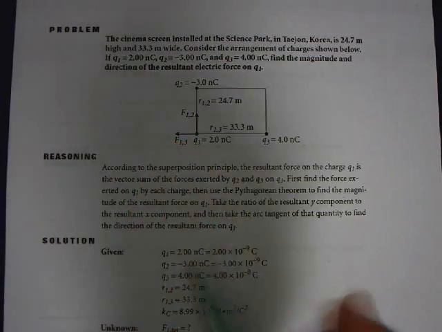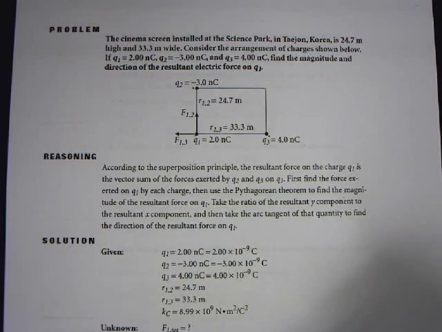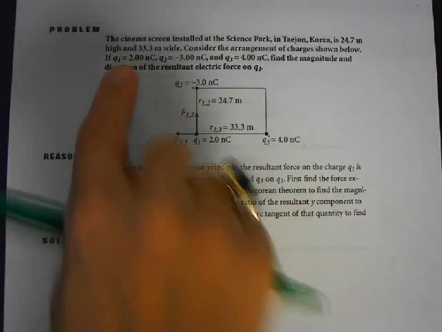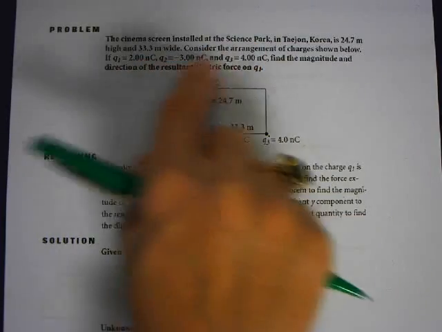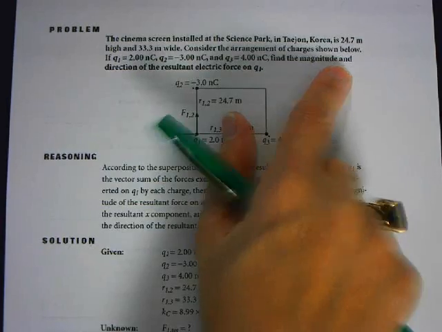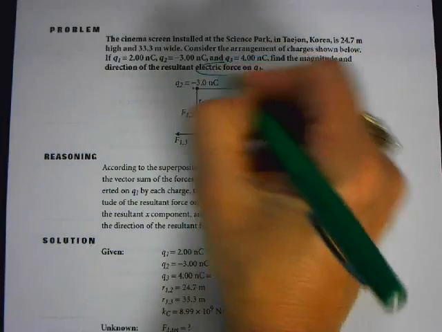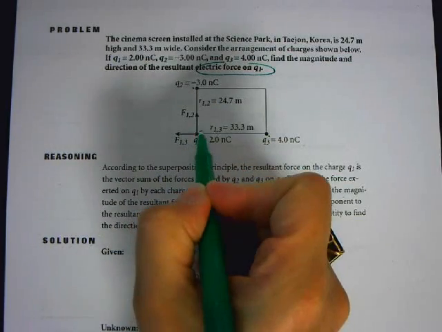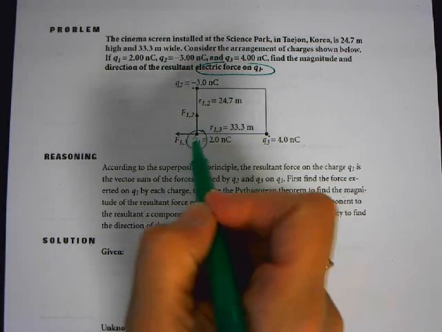Do you see here that I have 1, 2, 3 charges? In this one, it says the cinema screen installed at the Science Park. It says, find the magnitude and direction of the resultant electric force on Q1. So here's Q1, and I want to find the net force here.